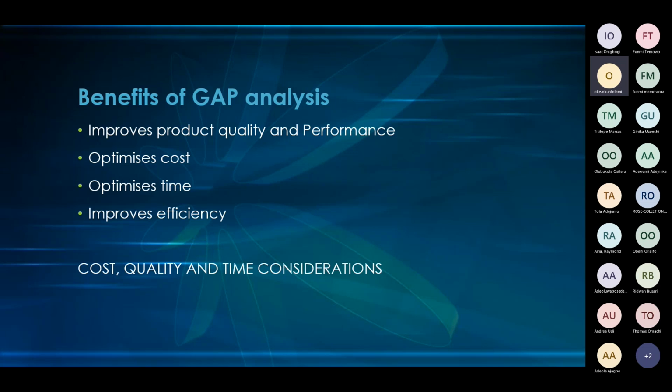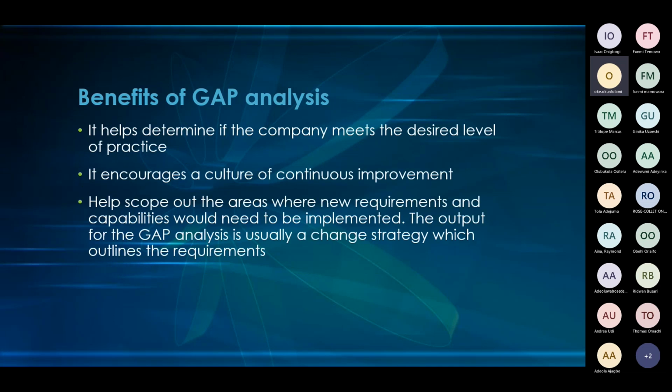So there are considerations that interplay when you are involved in a project. This is just an example to show how a gap analysis exercise can help you create the right balance between cost, quality, and time considerations. So these are other benefits as well.